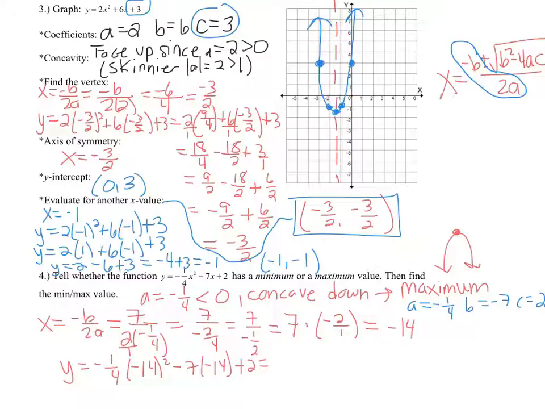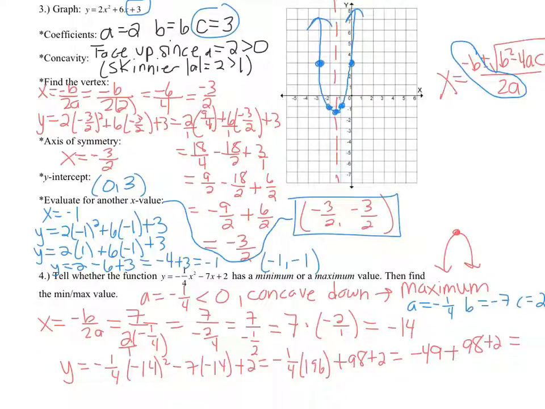Well, -14 squared gives you 196. So you have -1/4 times 196. -7 times -14 is going to give you +98. 196 times -1/4 is the same as 196 divided by -4, which is -49, plus 98 plus 2.